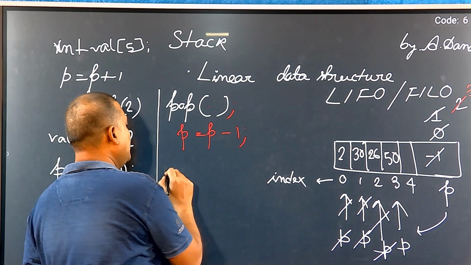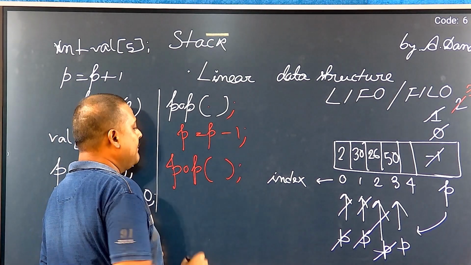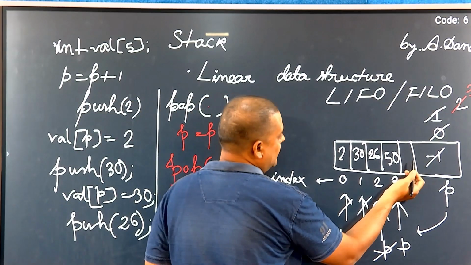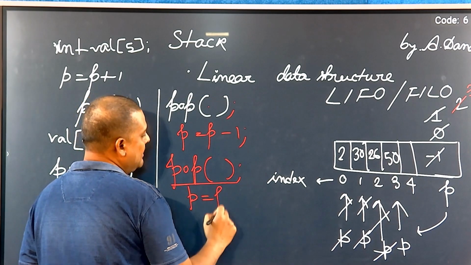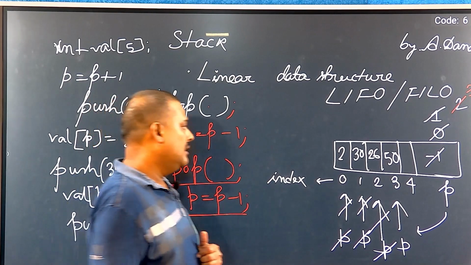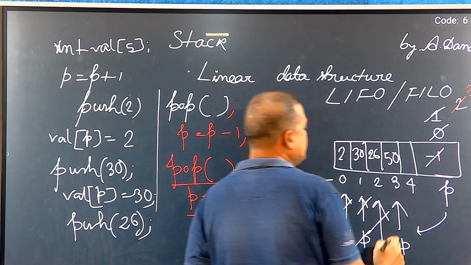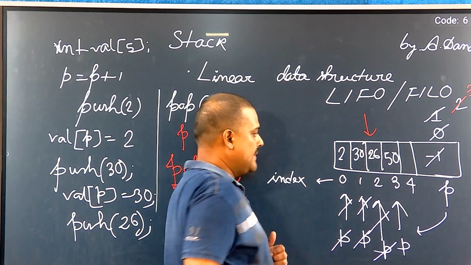Again, if we want to pop the element, then I will just decrement the value of p again. So, p will be p minus 1, and this way 2 will be 1 now, that means p is indicating this place now.